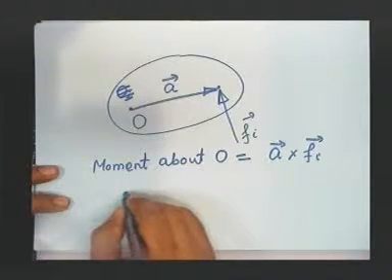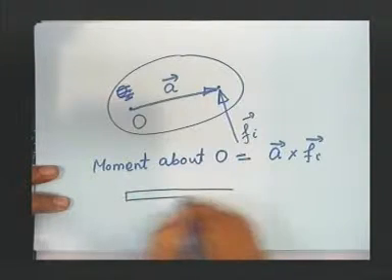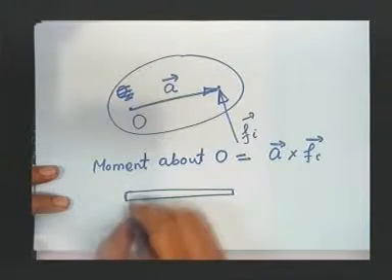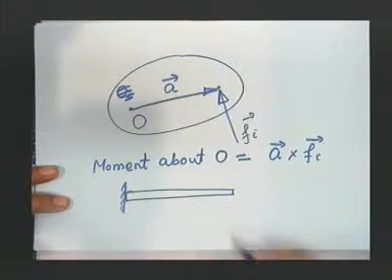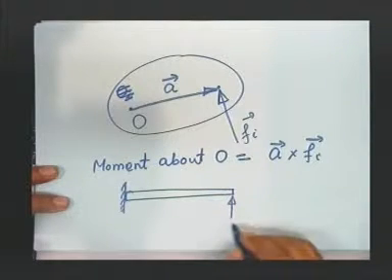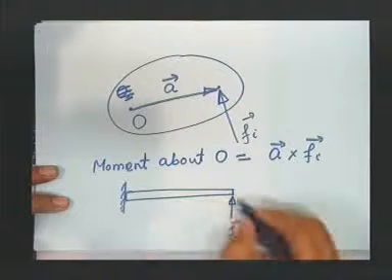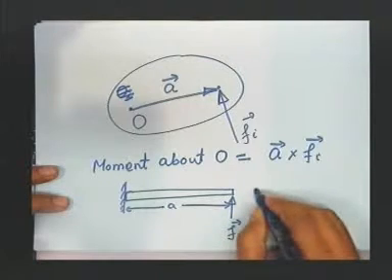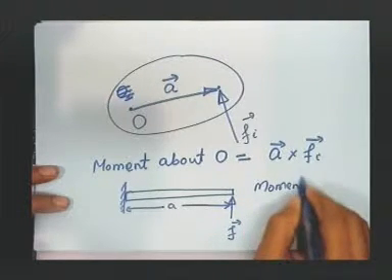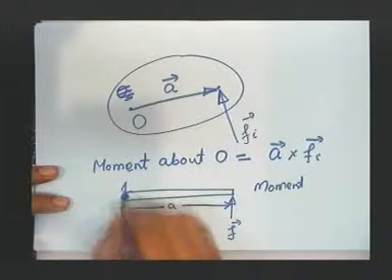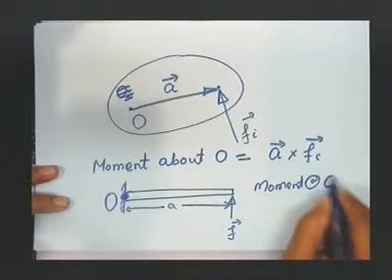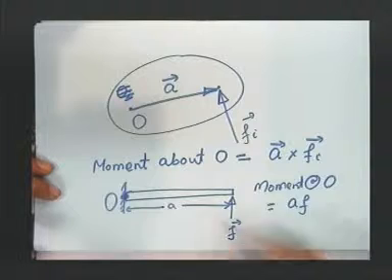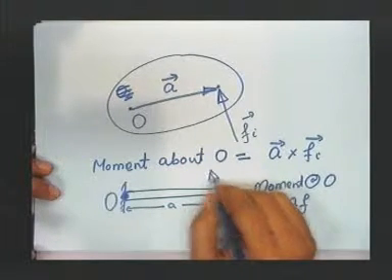Suppose I have a rod, and you have put a hinge here, and then I apply a force F. Now, if this length is A, we know moment about this point O is equal to A into F, and the direction will be anti-clockwise.